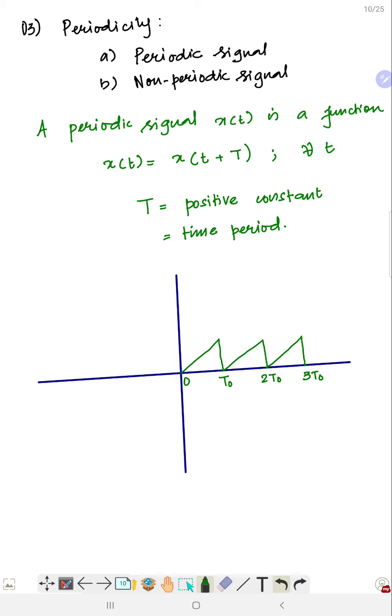And it can as well go along the negative axis like this. Say this is minus T naught, minus 2T naught. Fine. So I can say that this particular signal x of t repeats after T naught. After every T naught amount of time passes, the signal repeats itself.